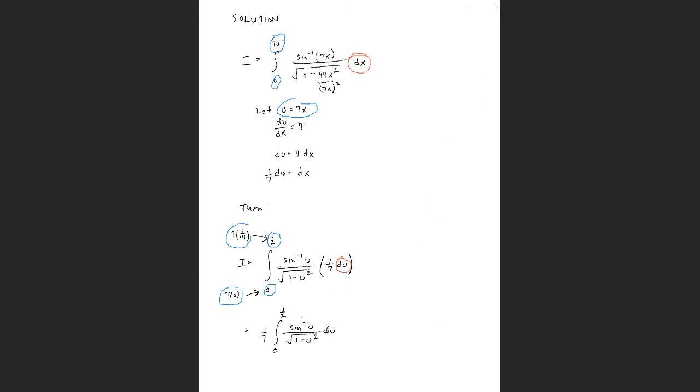Okay, I understand that. I was thinking about the first equation to start off. It was the square root of 1 minus 49x squared. Why did you change the 49 to 7x squared? Well, I recognized that as 7x times 7x.